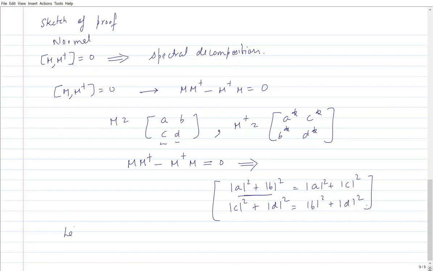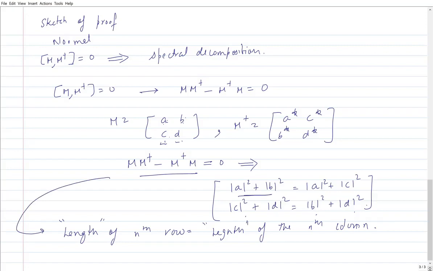So in general, it means that the length of the first row, and this is the length of the first column. CD, this is the length of the second row. BD, this is the length of the second column. So the length of the nth row is equal to the length of the nth column. Just playing with the definition, that's the insight we get over here.